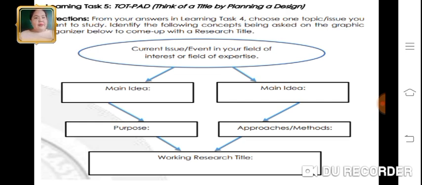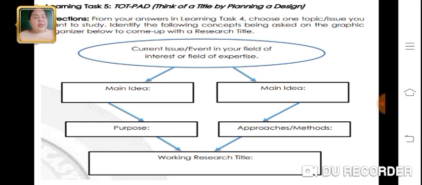So, this time, still in your group, gusto ko pumili kayo ng topic or issue na gusto nyong i-research. And then, pipili na kayo ng dalawang main idea, yung purpose nito, at yung approach na gagawin nyo, at saka yung working research title. So, again, this is by group to be passed by your leader.